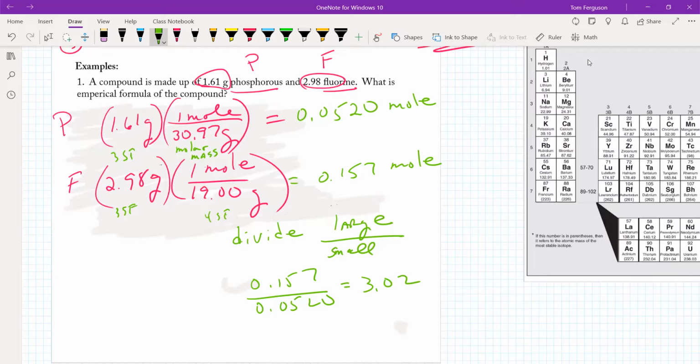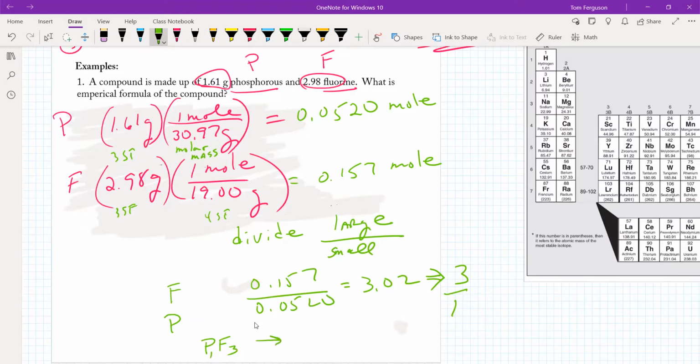Okay. We are going to round to the nearest integer, except for one exception, and I'll talk about that later. So that's basically 3. So the mole ratio, now this is the F, this is the P. So the ratio of F to P is 3 to 1.